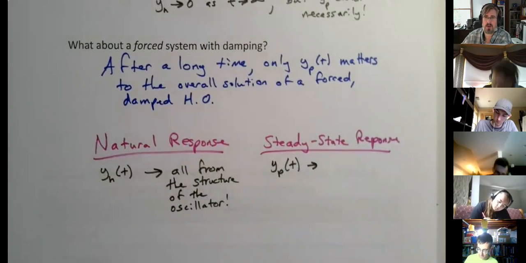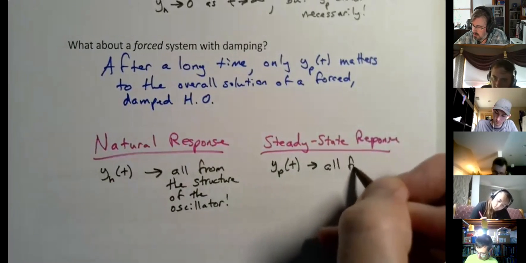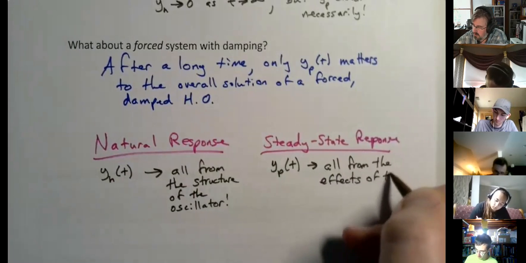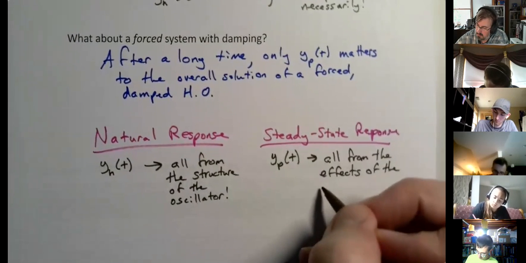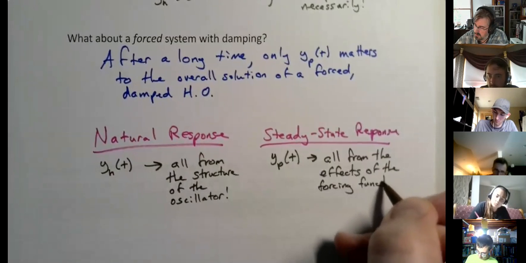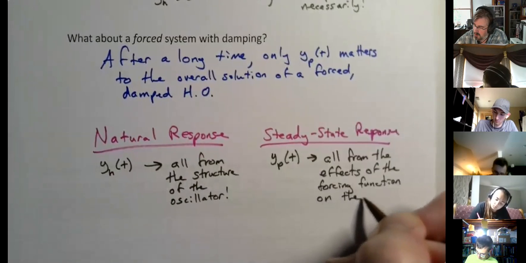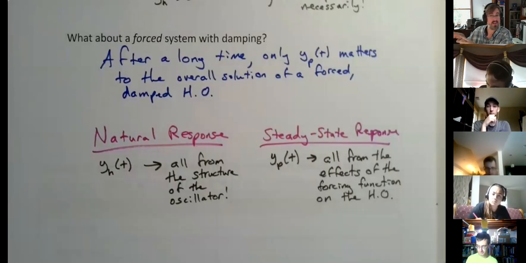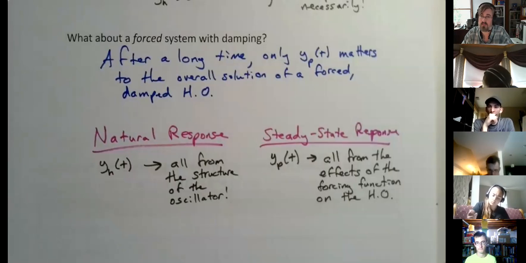And that's all coming from the effects of the forcing function on the harmonic oscillator. So you can have a forcing function that will cause this particular oscillator to behave this way in the long run. But if you apply that same force to a different oscillator, you might get a different y sub p, because it's not just the force, it's how the force affects the oscillator, right?